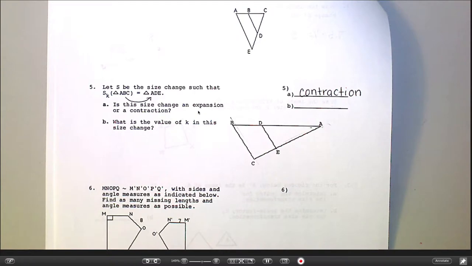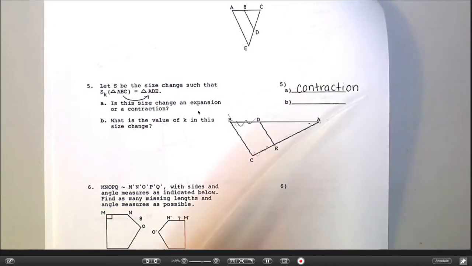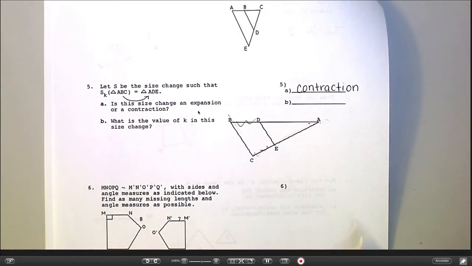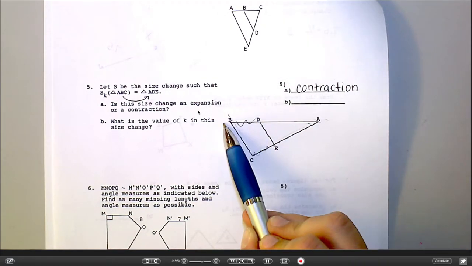What do I measure to find out what K is? Which ones? AB, BC, AC. Be careful. This and this are not actually sides of the triangles, right? I would probably measure AD and AB, not BD.